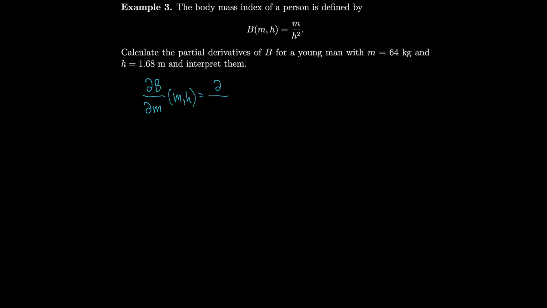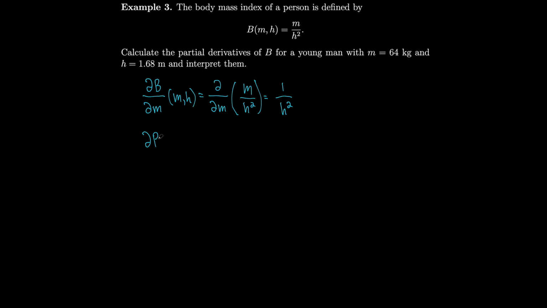So that's going to be the partial with respect to m of m over h squared. Notice that h squared is a constant. So this is like saying x over 2, for example. Your derivative would just be 1/2, because we just have this one variable. So this is just the constant 1 over h squared.